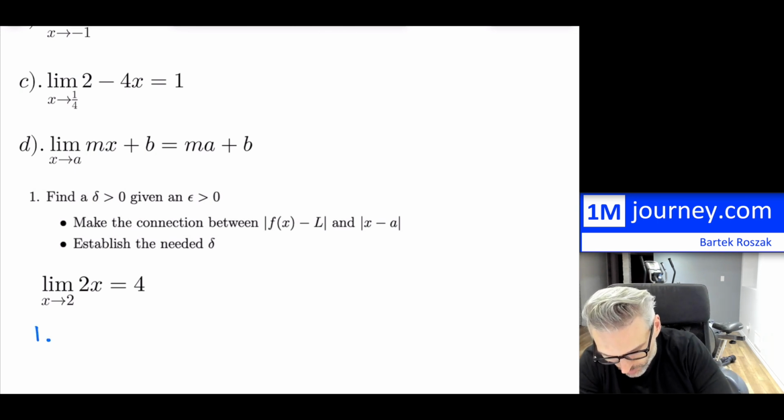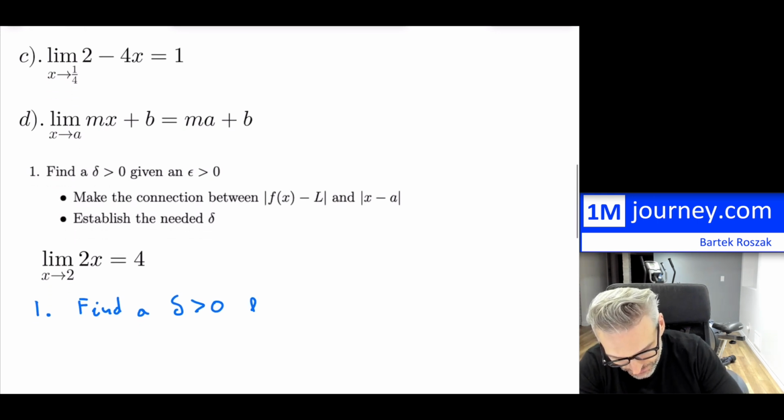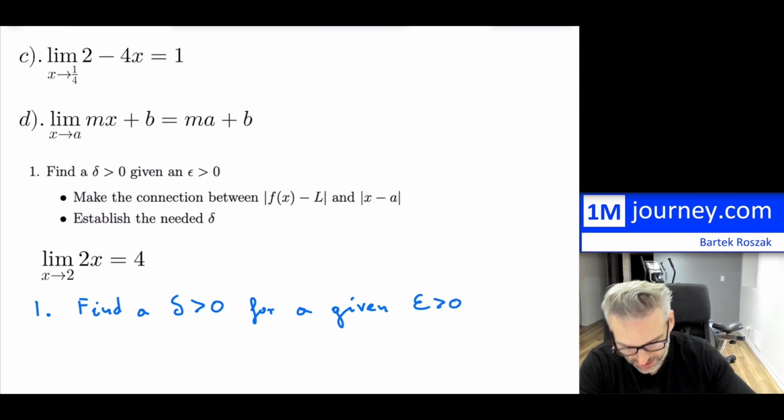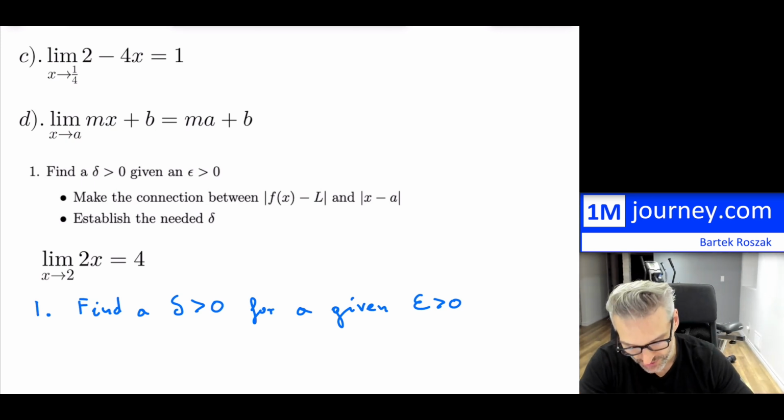So step number 1, we want to find a delta which is greater than 0 for a given epsilon greater than 0. That's typically something that you will write. So don't just jump in and start making connections. Actually make this statement first.